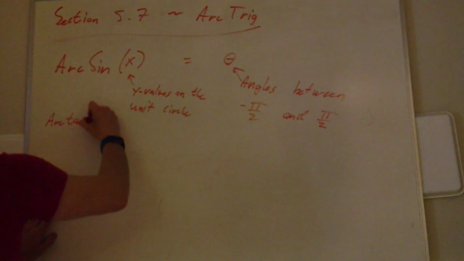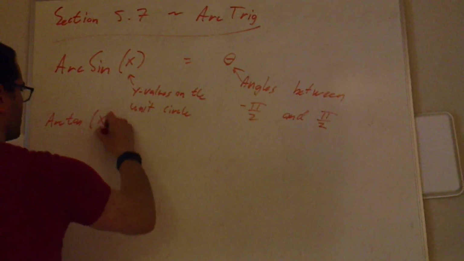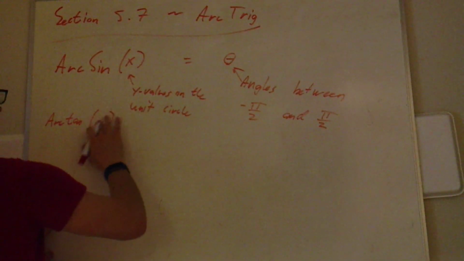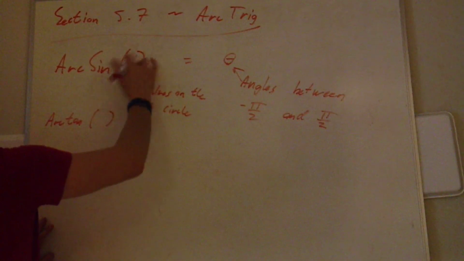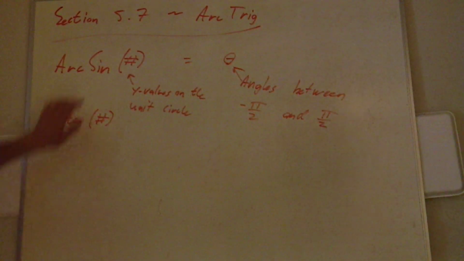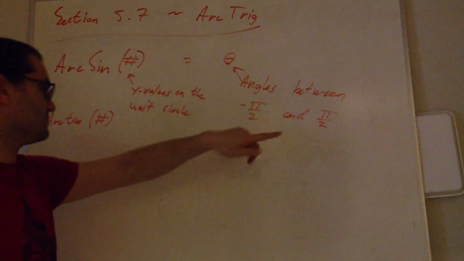Arctan of x takes in, I'll stop using x's. I'm going to use a number symbol. Arcsine of a number takes in y values on the unit circle and returns angles between here.